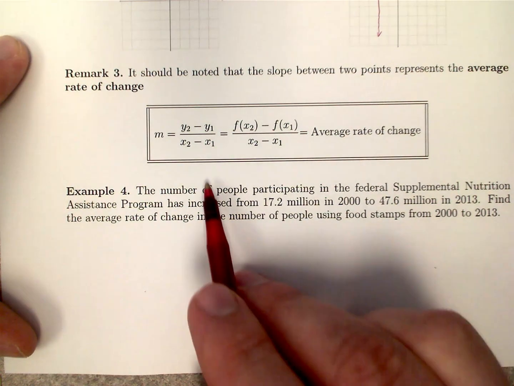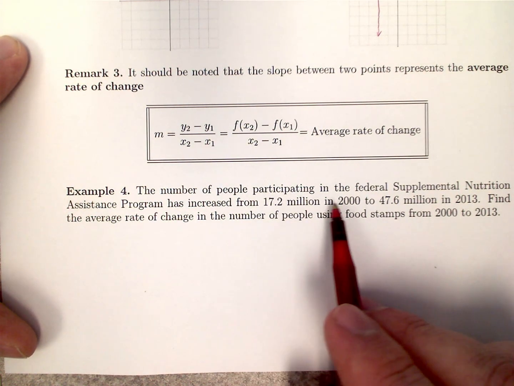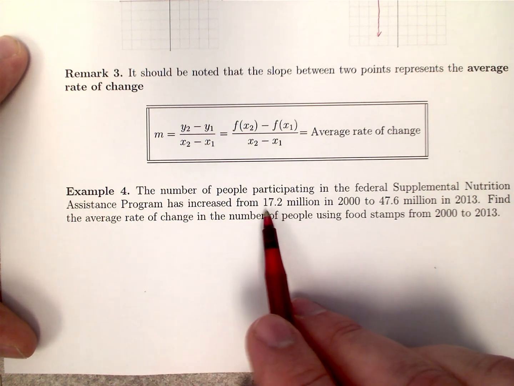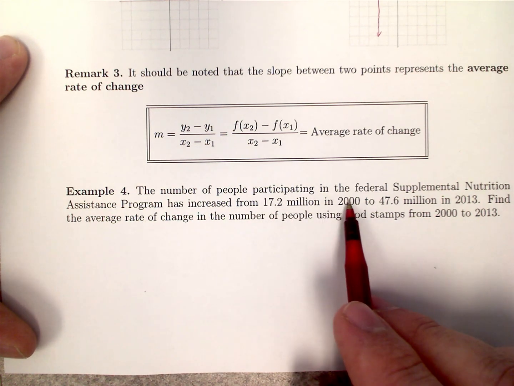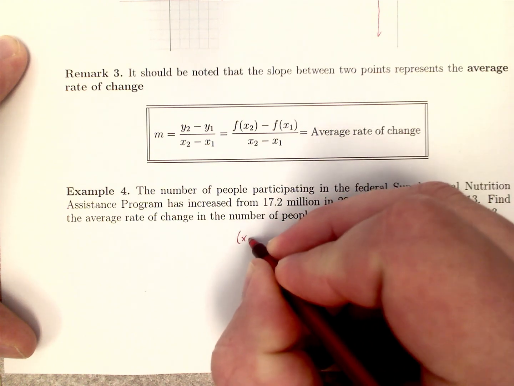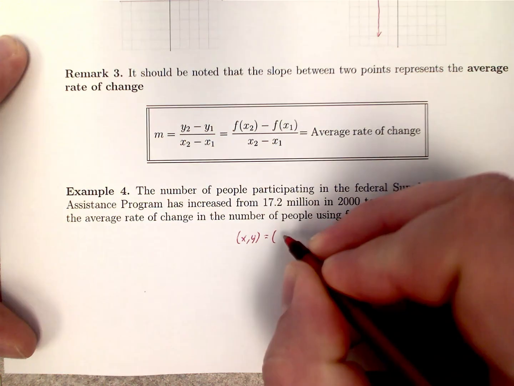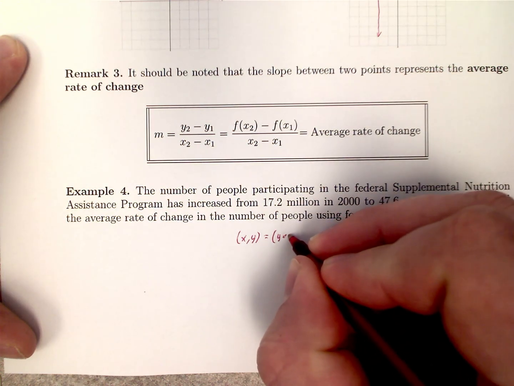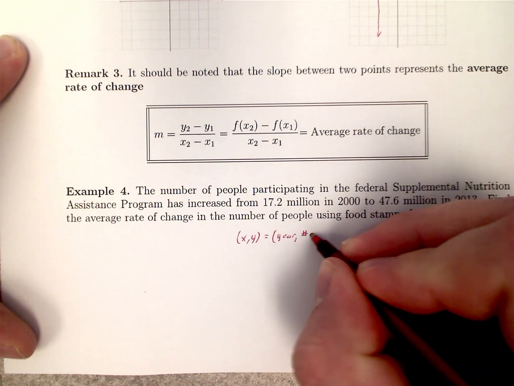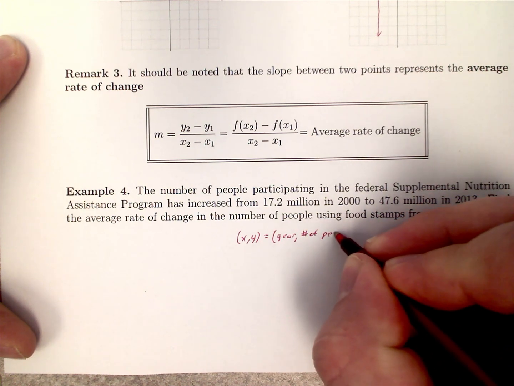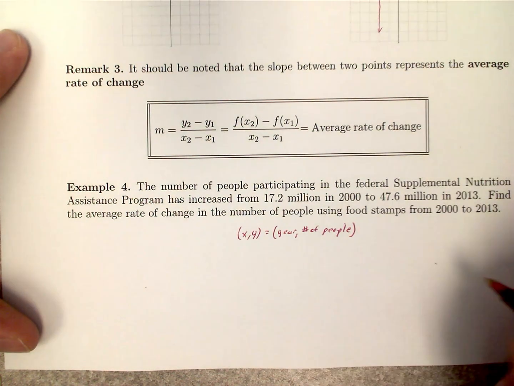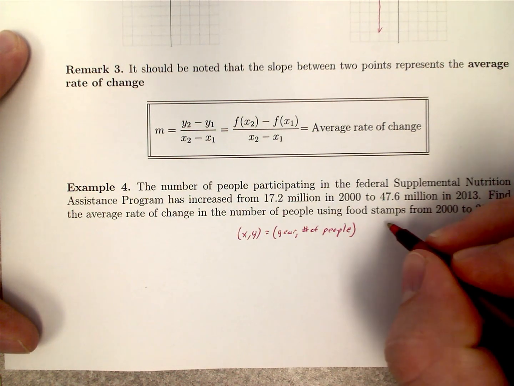We can think about these data sets as points. If points are x, y, with x being the year and y being the number of people participating in the program in that year, then we have two points.